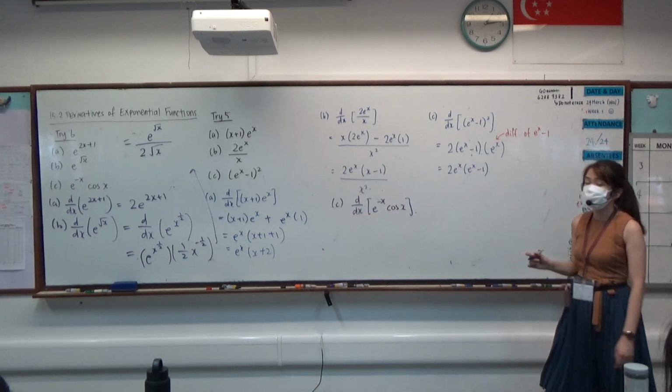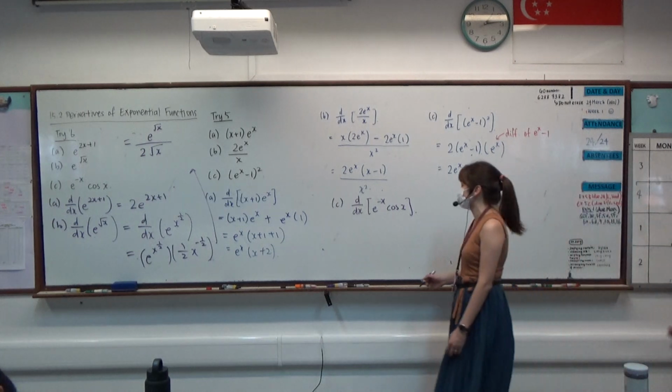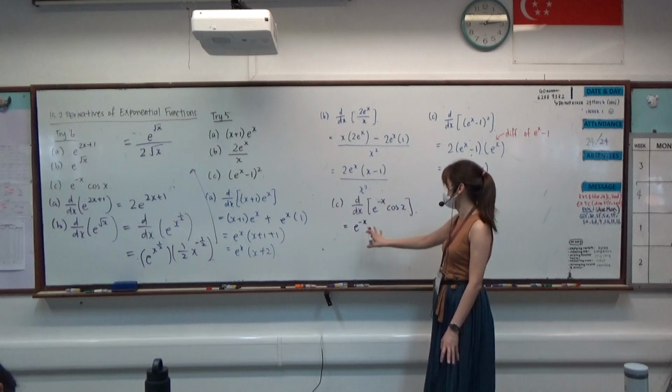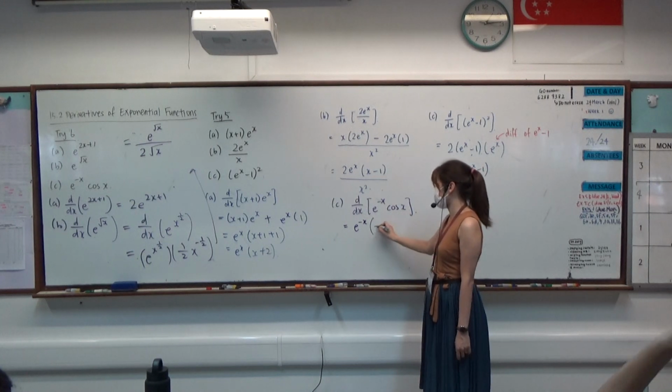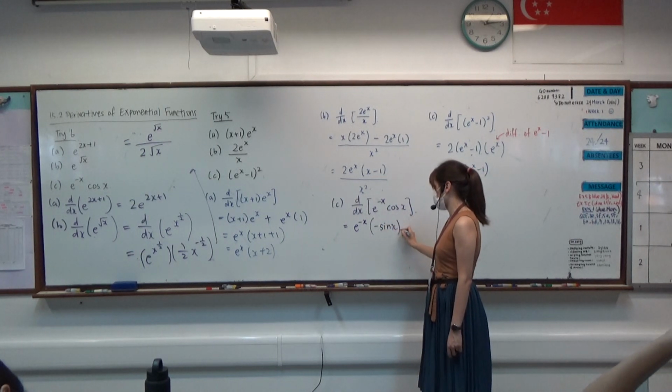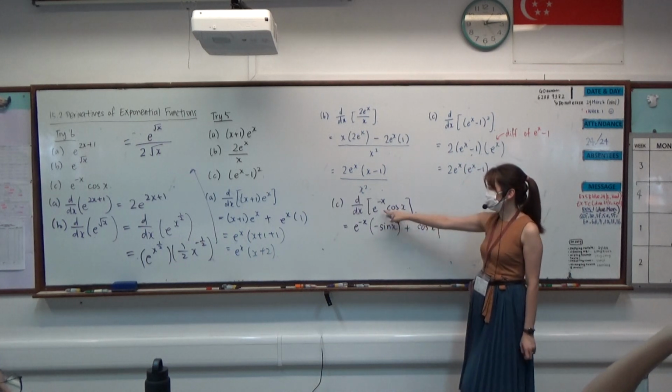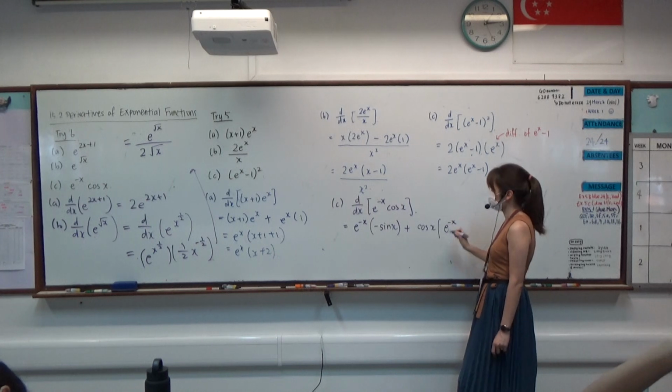Differentiate your e to the power of negative x cosine x. We do our product rule. Keep the exponential, differentiate cosine, plus keep the cosine, differentiate the exponential.